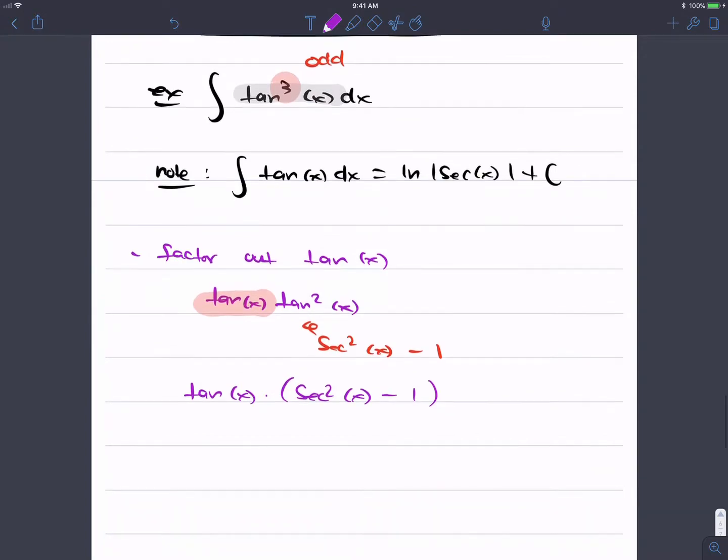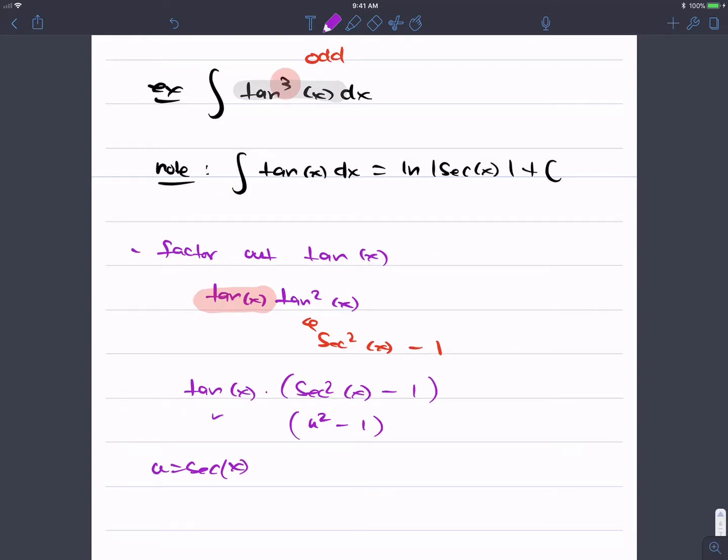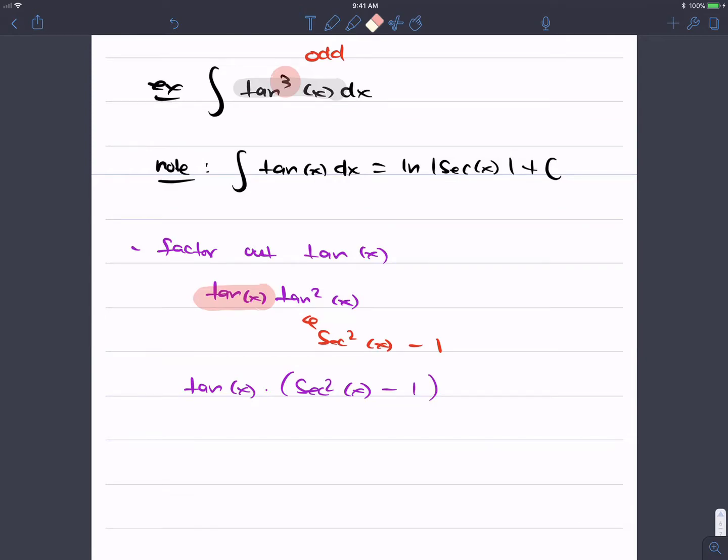And so if I let u be secant, yes, this becomes u squared minus 1, but the derivative of secant is secant tangent. So let me write this. If u is secant, I get u squared minus 1, but the derivative of u is secant tangent. There's only a tangent. There's no secant. So that's a problem. So I can't let u be secant in this problem here if there's no secant to begin with. There's no secant multiplied there. So this is how this is a little different.